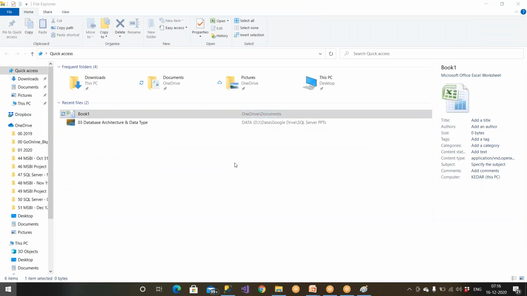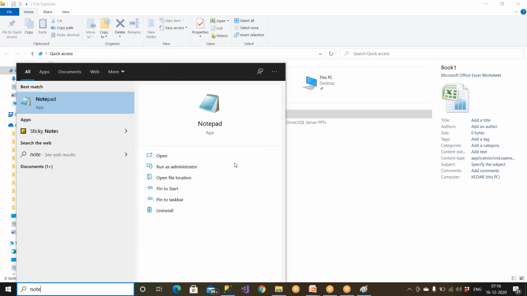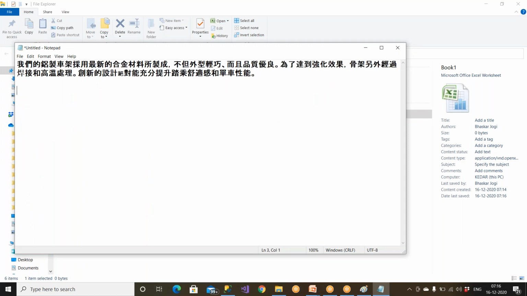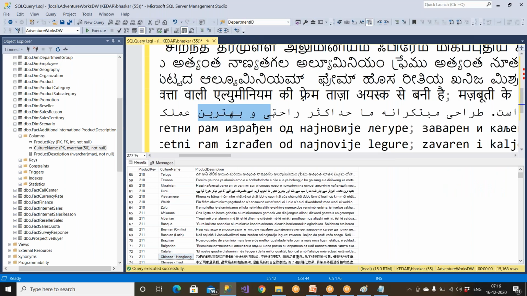But if you take Notepad, Notepad is called a flat file or a text file. Let me store some data here, some data in English, and let me take this data as well.